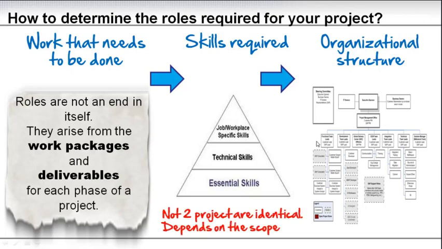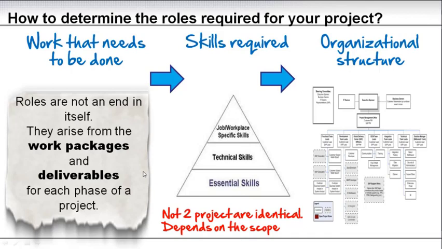And remember, no two projects are identical. It all depends on the scope, and it comes back to work packages and deliverables. So you cannot take a template from another project and say this work can be done with one functional consultant in module X. You need to really look at what the work is first.